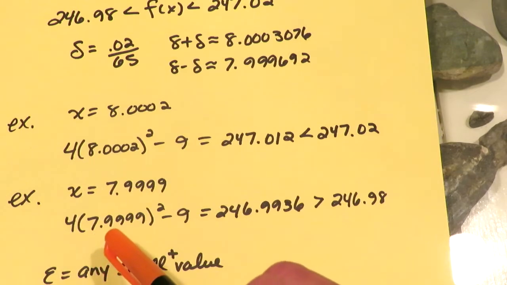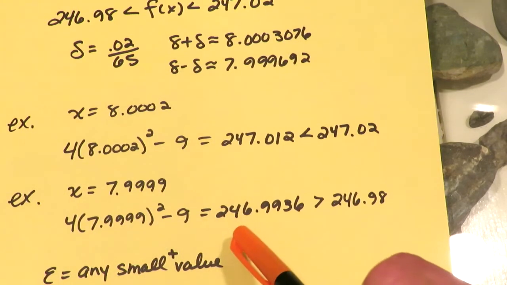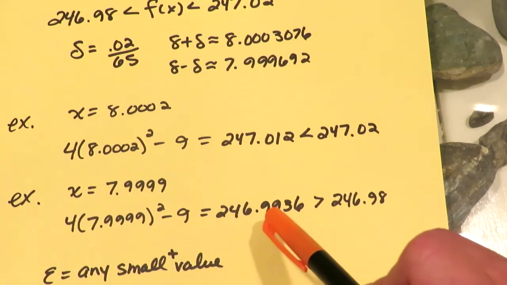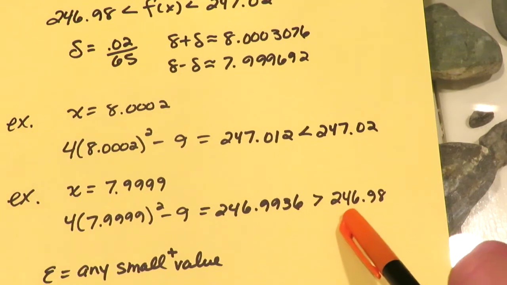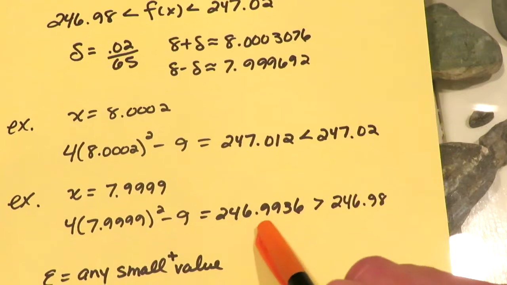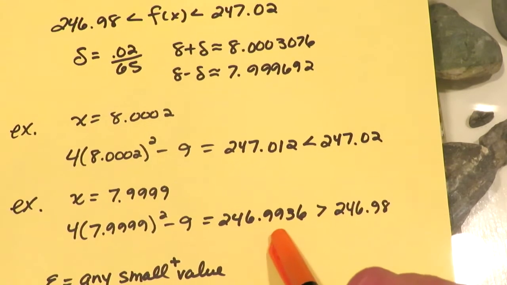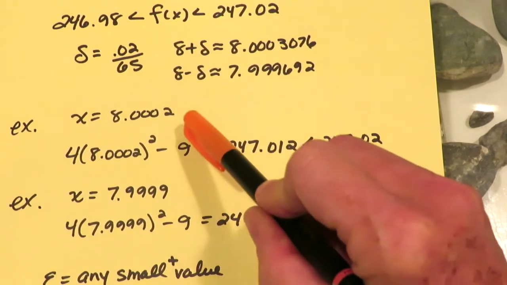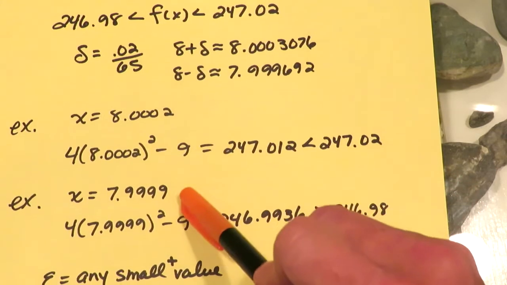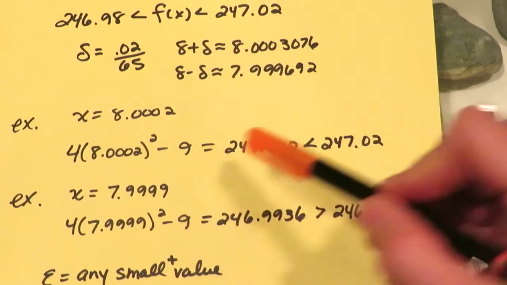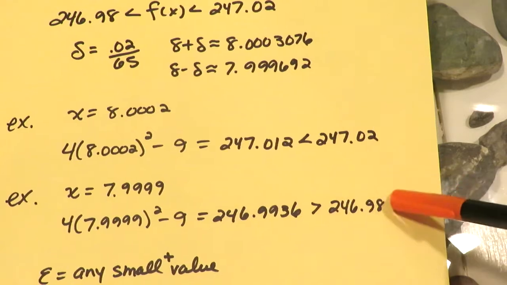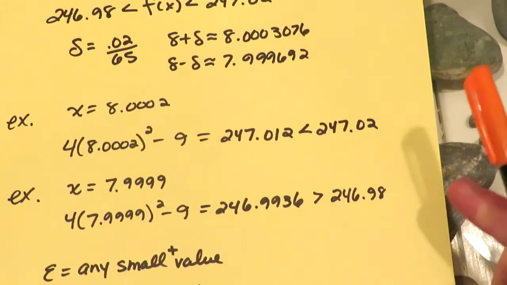If I plug it into the function, I get 246.9936. That's greater than the lower bound of 246.98. And so again, it falls within epsilon of 247. So as long as I pick numbers within delta of 8, I will get y values within epsilon of 247.